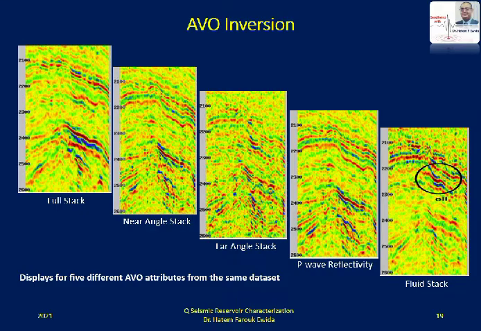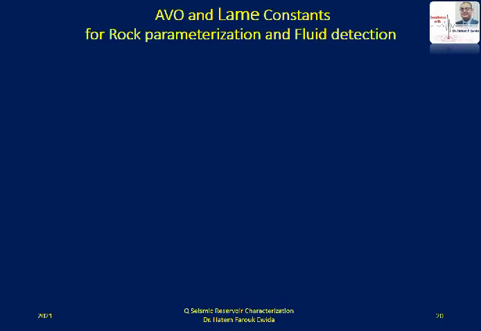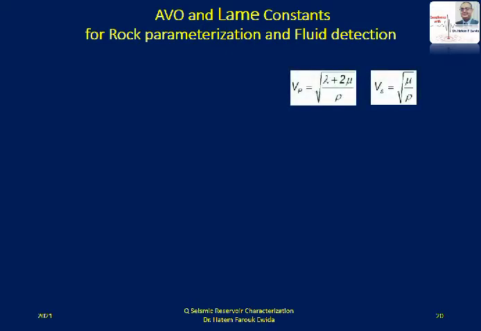So let's see a more advanced application for reservoir characterization using the AVO technique, which is using the lambda and mu. And you remember these two equations when we were talking about the principles at the very beginning.